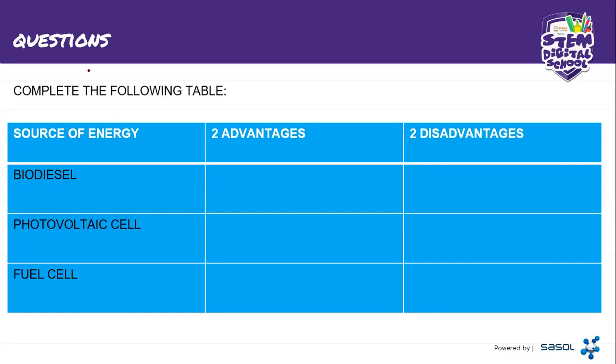So the mere fact that we are producing water tells us that we do not release any harmful air to the environment because the product is water. So that is an advantage. So that is 1 mark. They do not release any harmful gases or air to the environment.